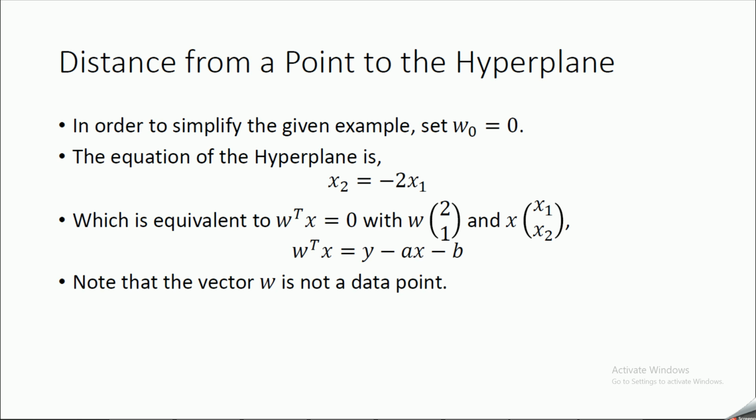In order to simplify the given example, we are considering w0 to be equal to 0. And the equation of the hyperplane is x2 = -2x1, which is equivalent to w transpose x = 0.